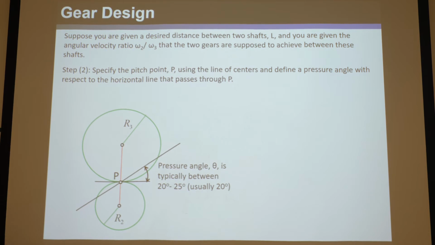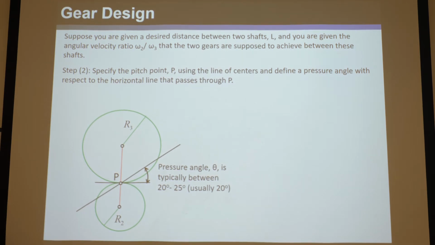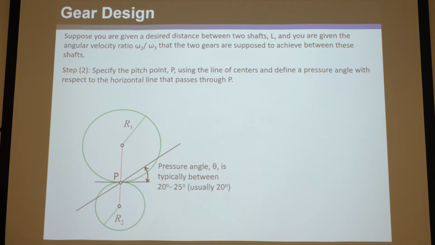This is somewhat arbitrary. When you're designing gears, you could pick whatever pressure angle you want, but by industry standard it's usually optimal to pick somewhere between 20 and 25 degrees, and most people pick 20 degrees as a nice pressure angle. That's up to you as a gear designer.